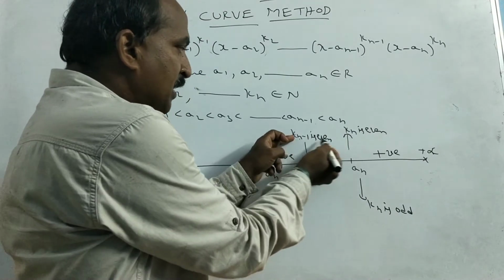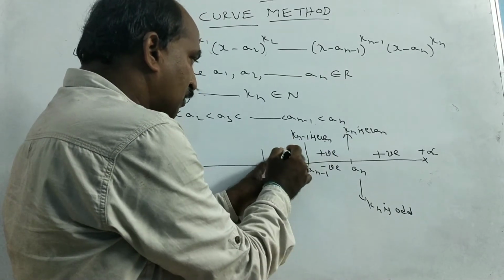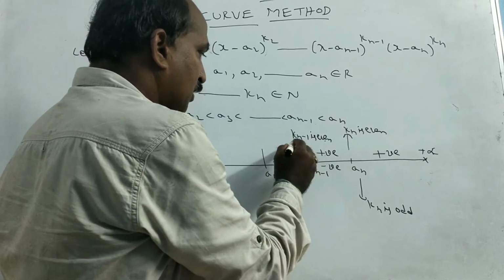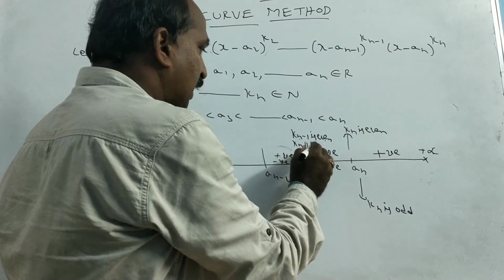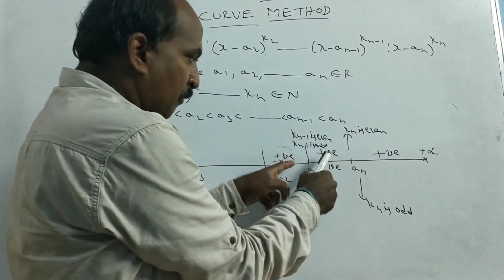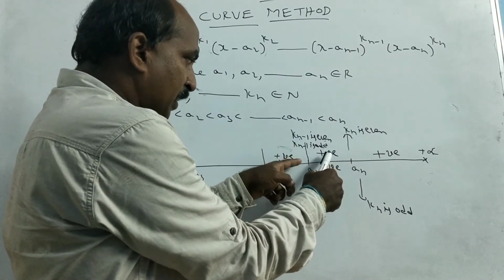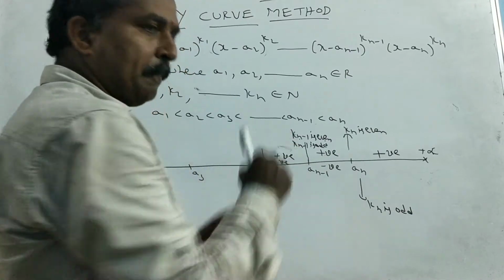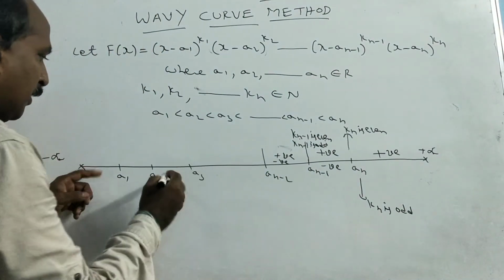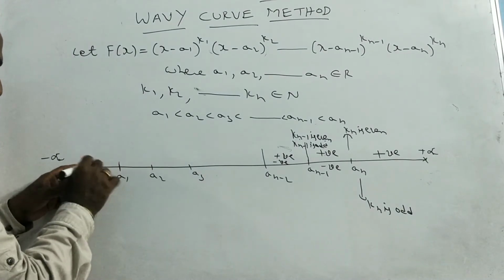If kn minus 1 is odd, then we take the opposite sign, that is the negative sign here. This process is continued by putting all positive and negative signs up to the first interval.